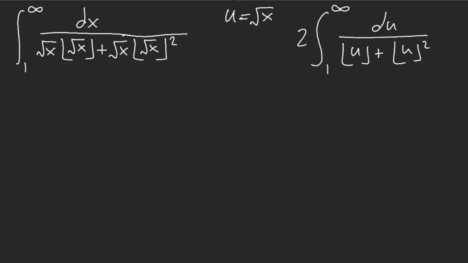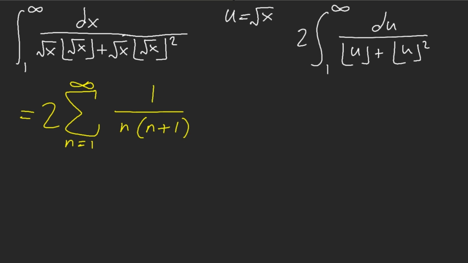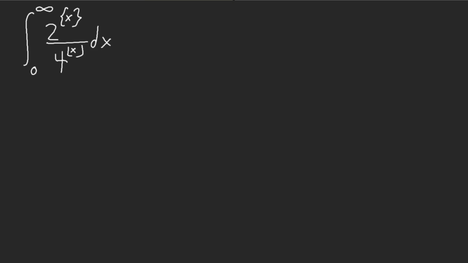Because everything's in terms of floor functions, you could just turn this into a sum immediately. So now this is from n equal to 1 to infinity. We could factor it out technically. It's just this. Awesome. This is a telescoping series, a very famous sum. The answer is just 2. Okay, and that's it.